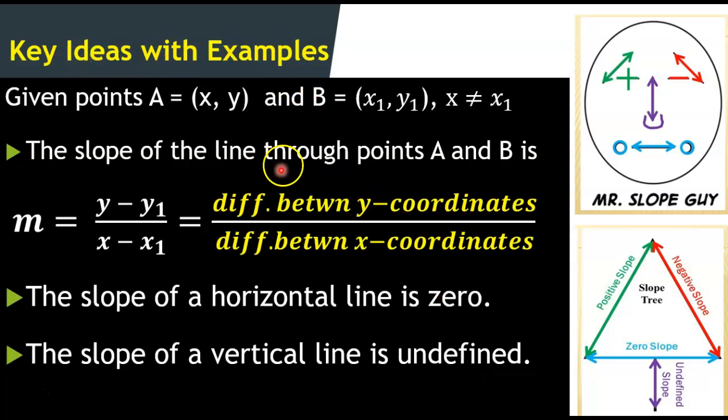So, key ideas. Just abstractly, if we are given any two points on a line, point A (x, y) and another point (x1, y1), as long as x does not equal x1, so it has to be two separate points, the slope of the line through the two points is going to be, we use m to represent slope, which is a variable, m = (y - y1) / (x - x1).